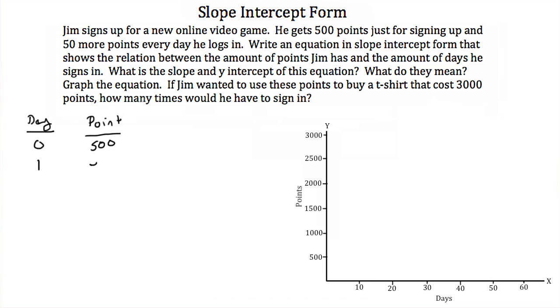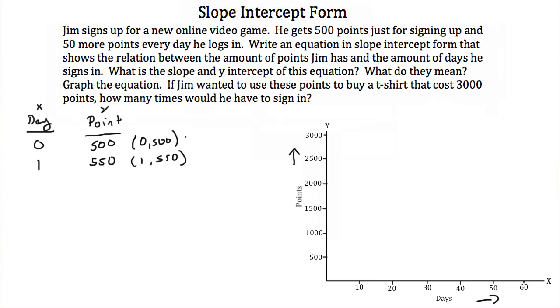So he's going to have 550 points. Now if we graph this with points on the y-axis and days on the x, that would mean our day values are our x values and our point values are our y values. So really we have 2 points here, 0, 500 and 1, 550.